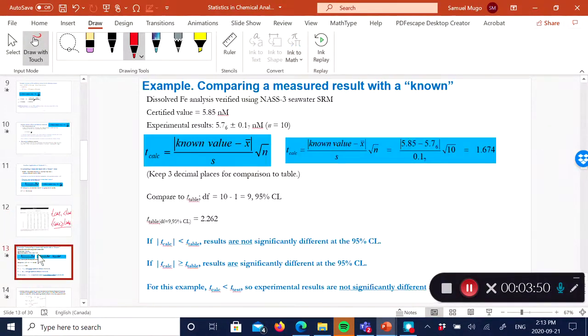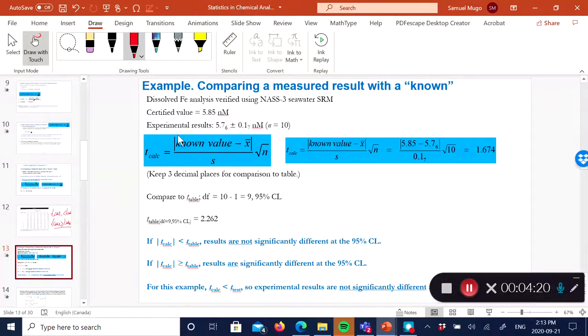Now, let me give you an example to try and solidify what I've just said. What if you get a data set that looks like this? You've developed an analytical method to analyze iron, say in water. And you've bought a standard reference material, and the standard reference material says that that sample has 5.85 nanometers.